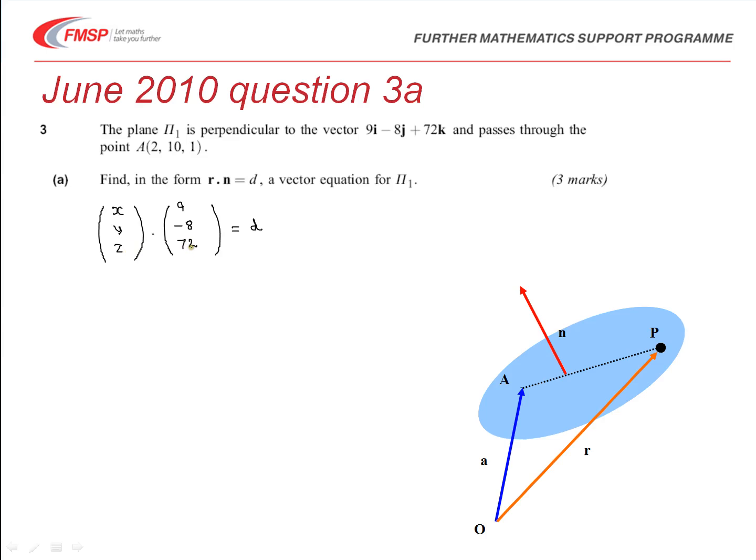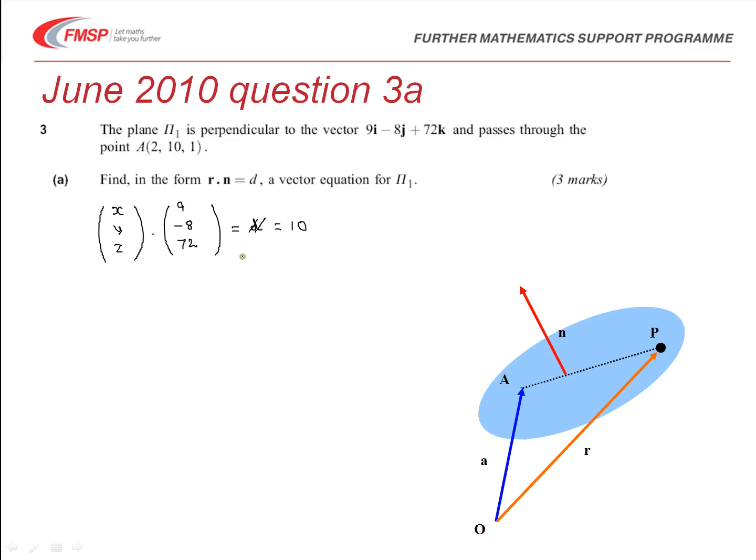And if you add that all up, we will end up with d being equal to 10. And so our equation then becomes that this must equal 10. Okay, so there is our equation in the form that we require.